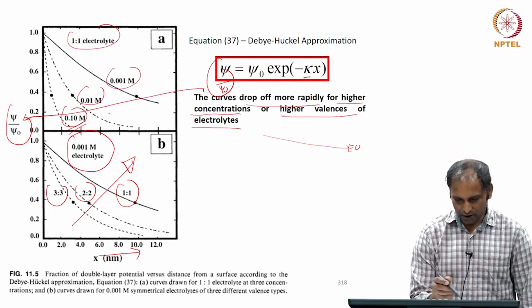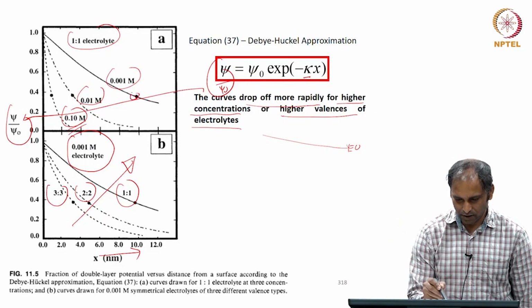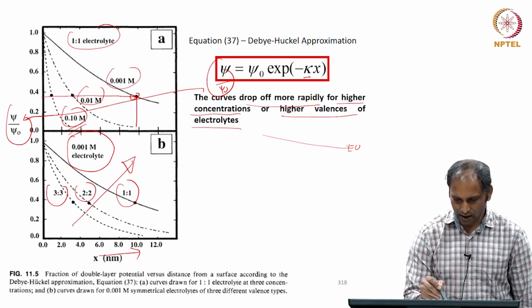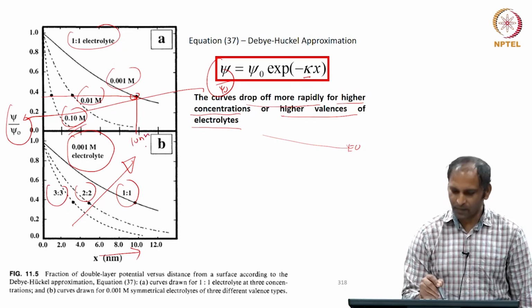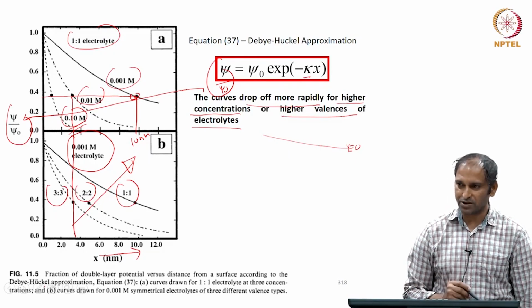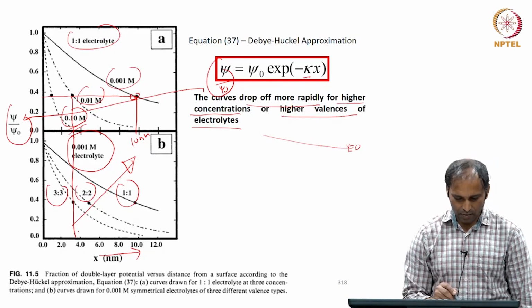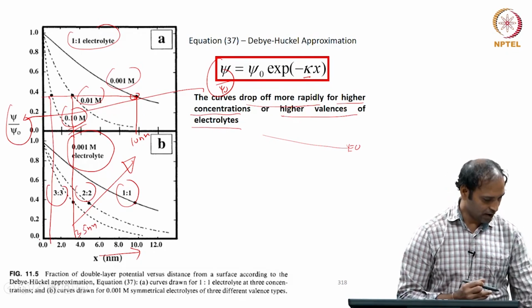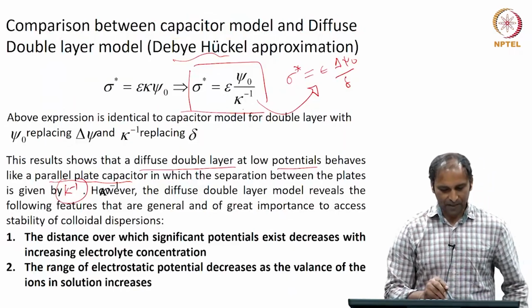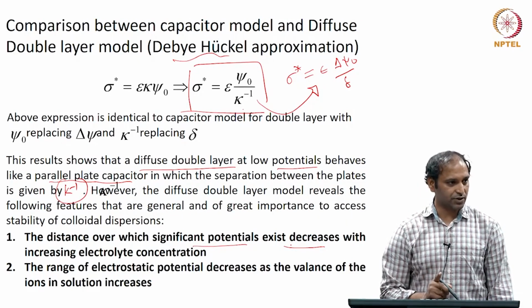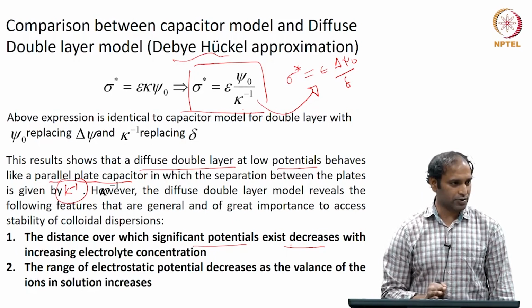So, let us look at this potential, which occurs at maybe a separation distance of 10 nanometer. Let us go back and look at the same potential occurring at a much lower separation distance, maybe something like 3.5 nanometer or something like that. Now, if I go here, the same potential occurs at even lesser separation distance. That is what the first statement essentially means. The distance over which significant potential exists decreases with increase in the electrolyte concentration, right.